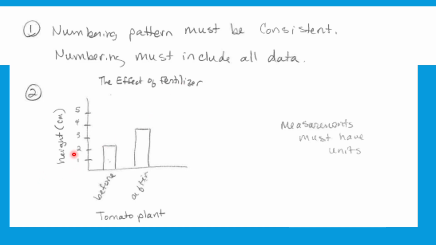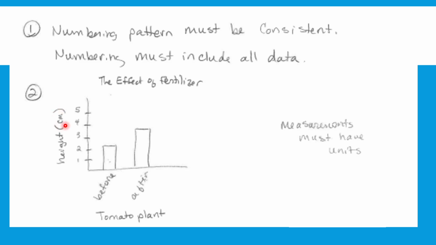If your numbering is not consistent, if your numbering doesn't include all of the data, if your numbering is not on the grid lines as it should be, or in between the grid lines, if it's not equal, then points will be taken off. You need to have a label for the y-axis and the x-axis. If you don't have those labels, then points will be taken off.